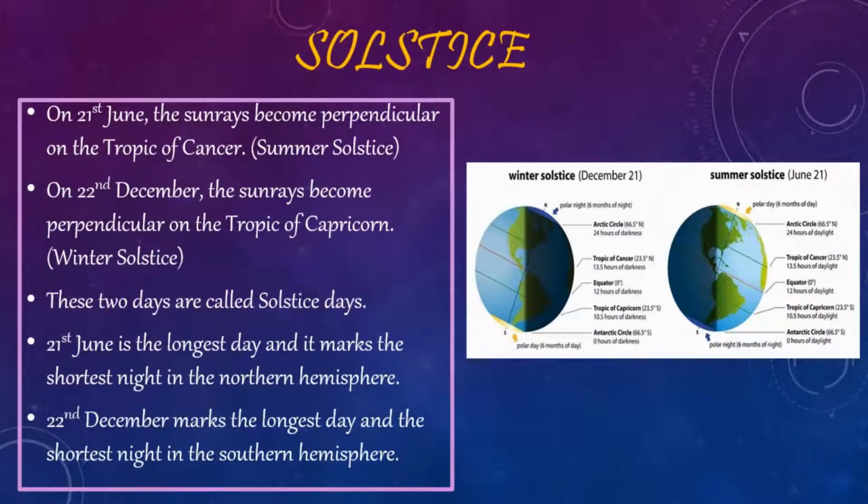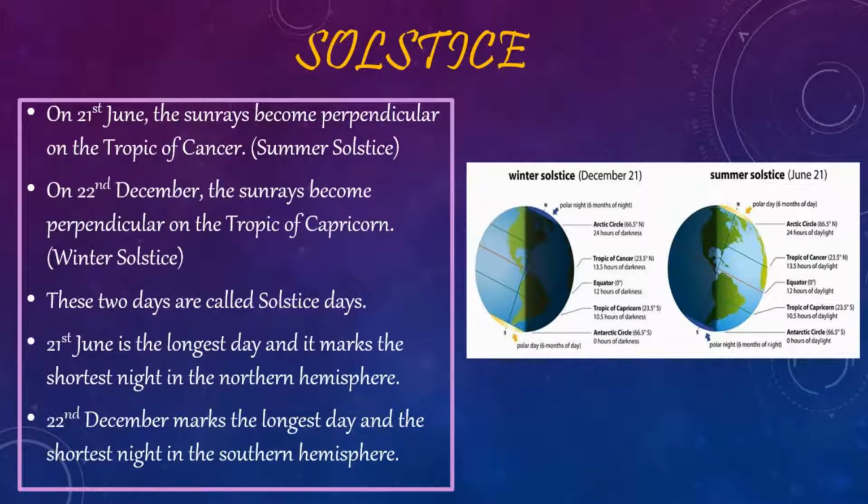Solstice. Solstice days are the days when the Earth's tilt towards the Sun is at its maximum. On 21st June, the northern hemisphere is tilted towards the Sun and the Tropic of Cancer starts receiving perpendicular rays of the Sun.